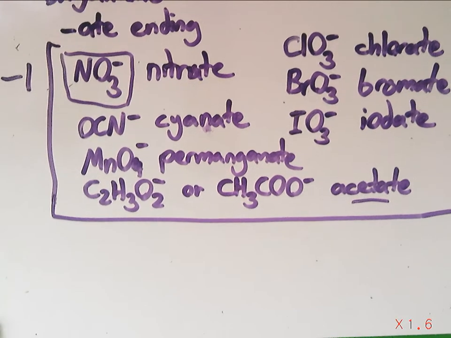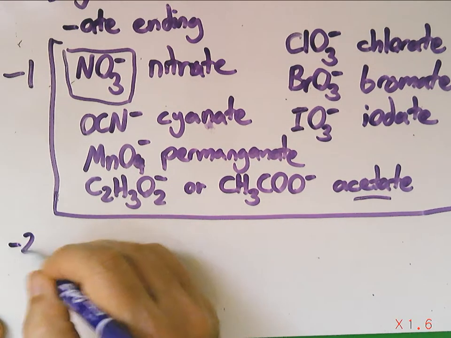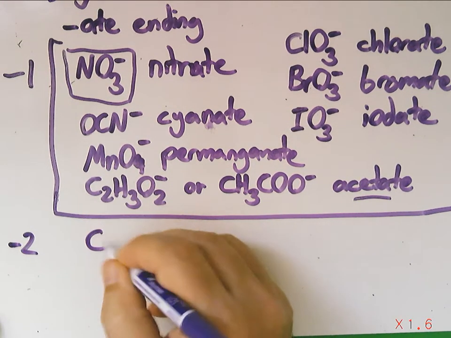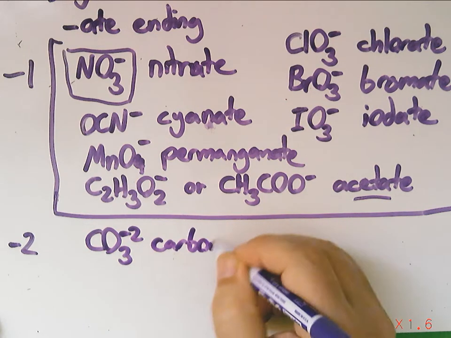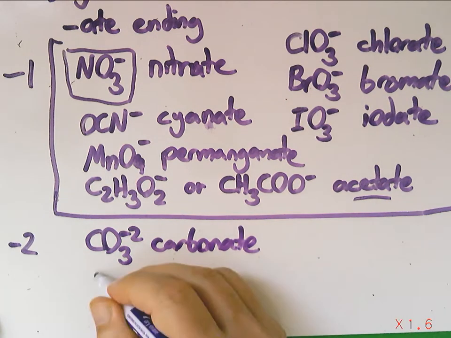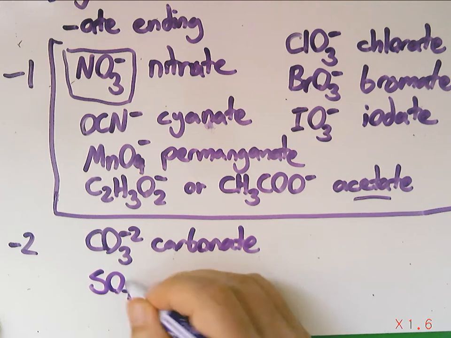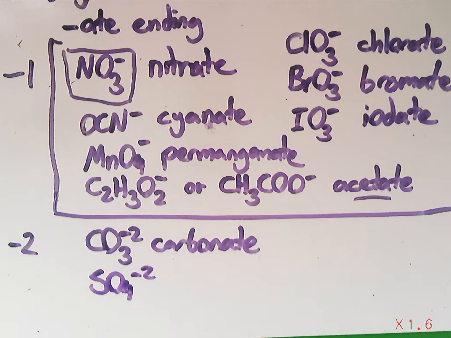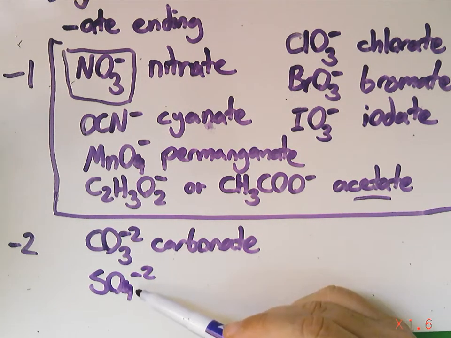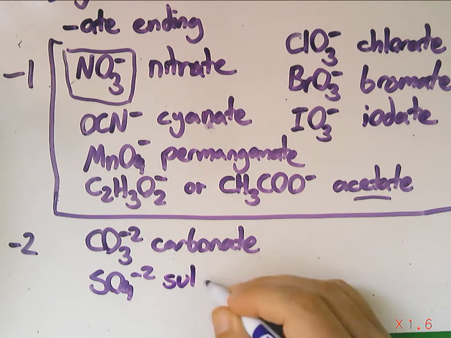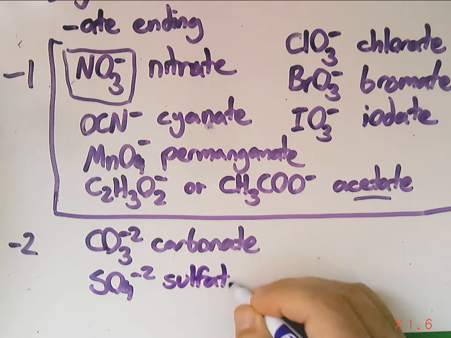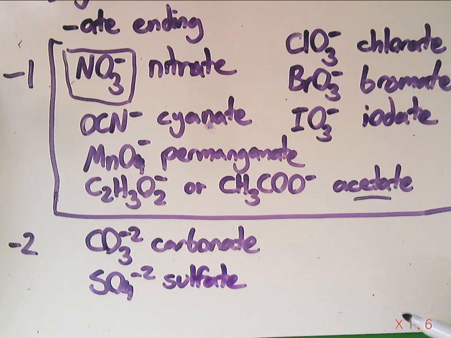How about -2 ions? There's carbonate, sulfate. Now, notice that this one has a 4 down there and this one has a 3. You're just going to have to memorize that for now. Oxalate.